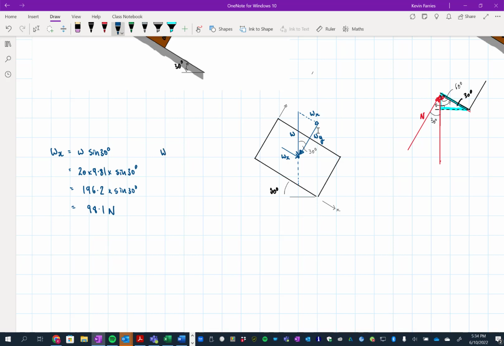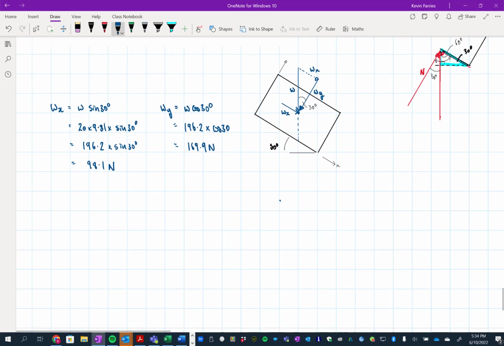And the weight component in the y direction, which is the normal component, is equal to W cos 30 degrees, which is equal to 196.2 newtons times cos 30, which equals 169.9 newtons.